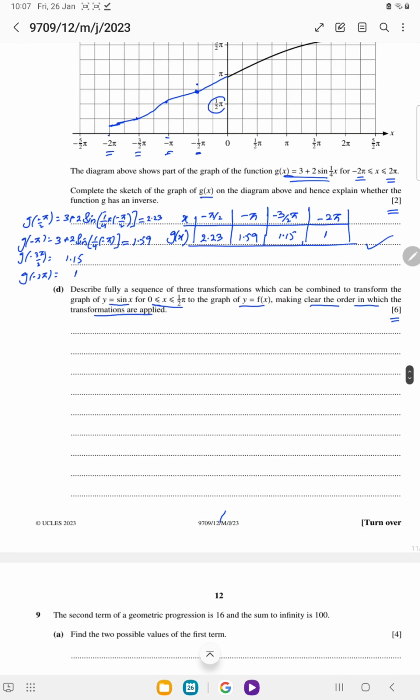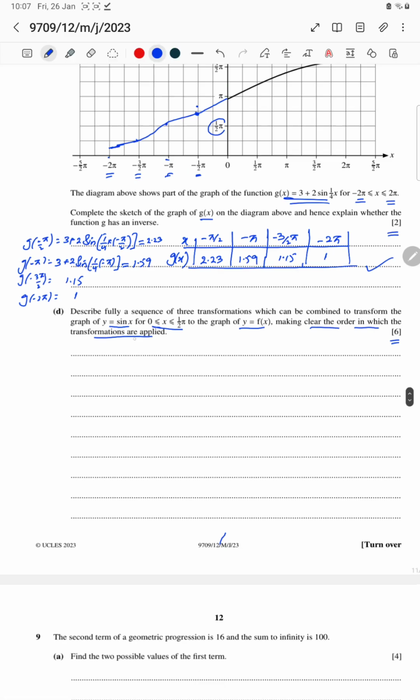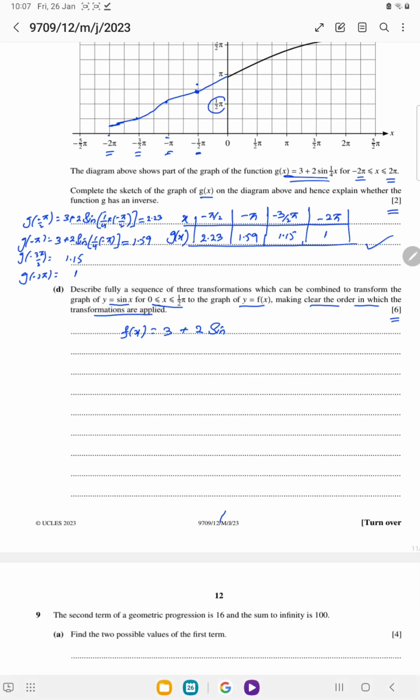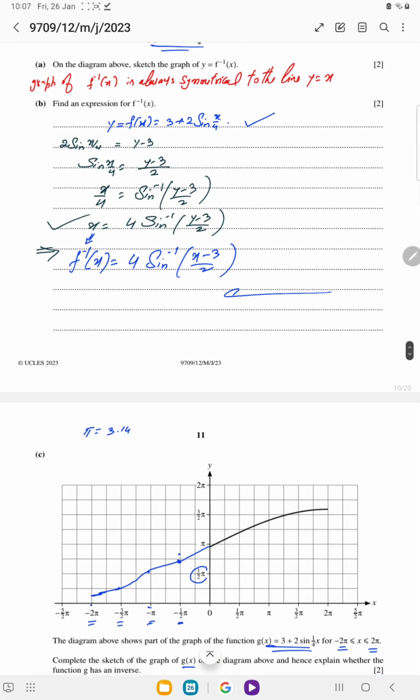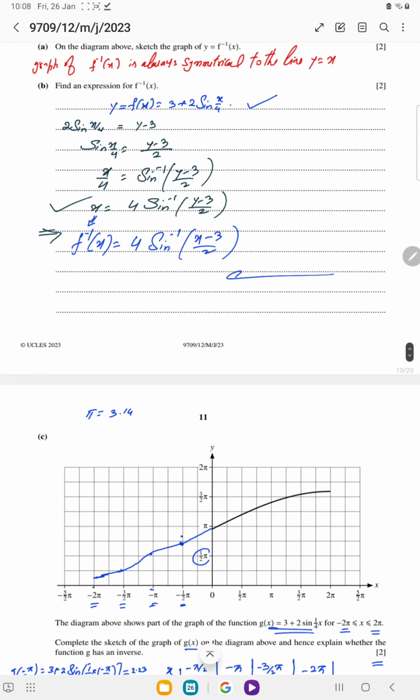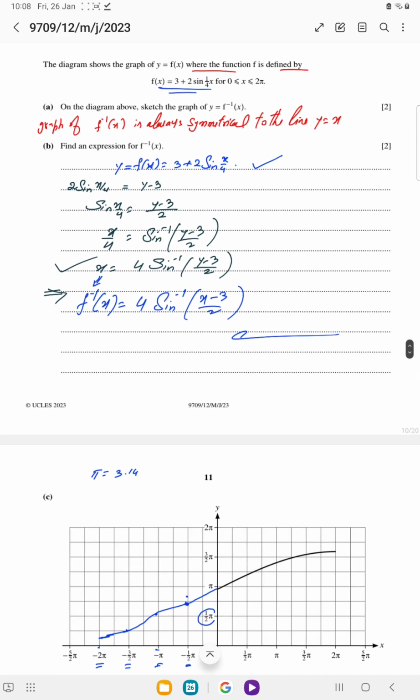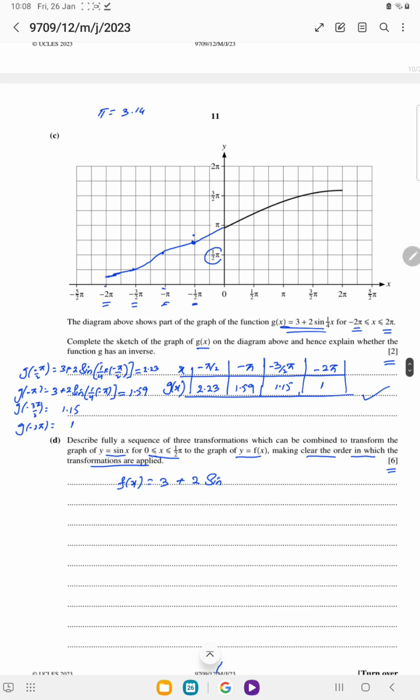Let me write it here: f of x is equal to 3 plus 2 sine 1 by 4x.